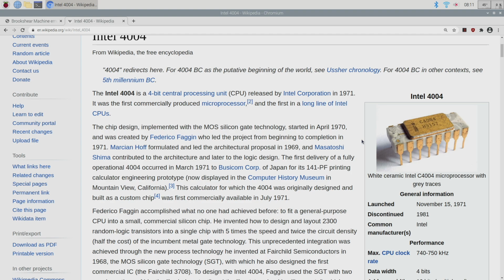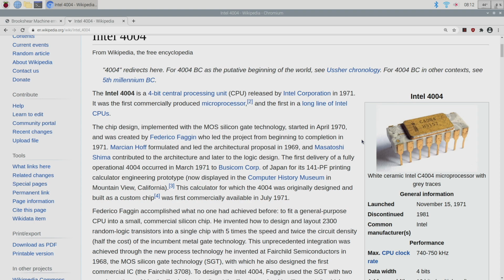And there's a picture of one, about the size of one of your fingernails. It was not particularly fancy. It was designed, at least at first, spurred by a Japanese company called Busicom for a calculator model that they were developing.